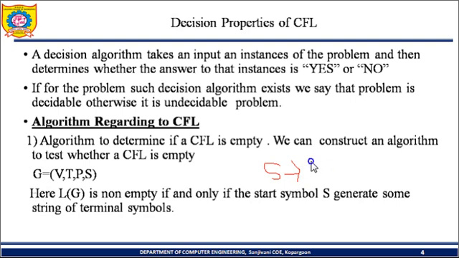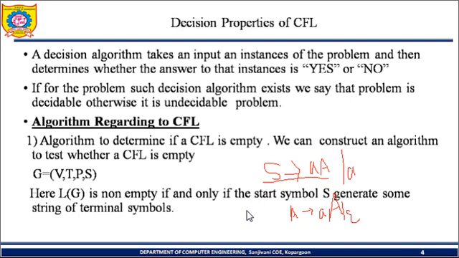For example, we have S tends to A, and A tends to small a or epsilon. So with the help of this starting symbol, we are able to generate some strings of terminals. Maybe S tends to a, we can generate aa, aaa, aaaa, like this. Such strings are possible, that's why the given grammar is non-empty.